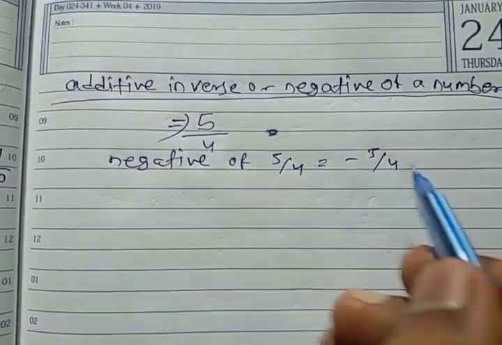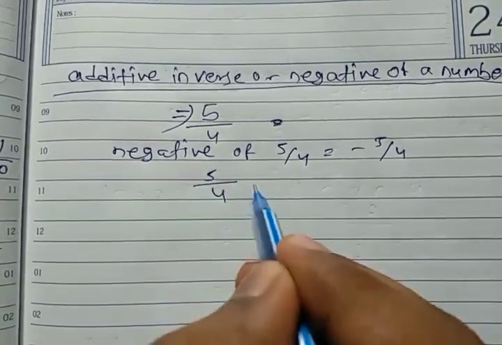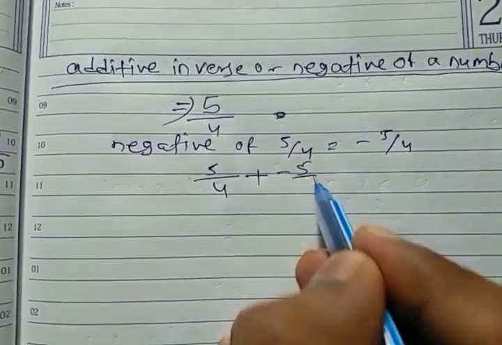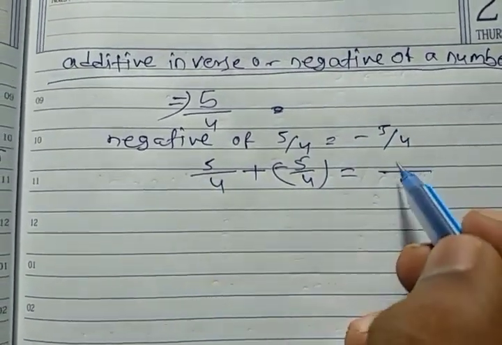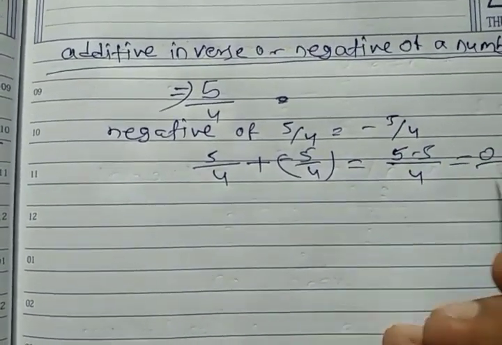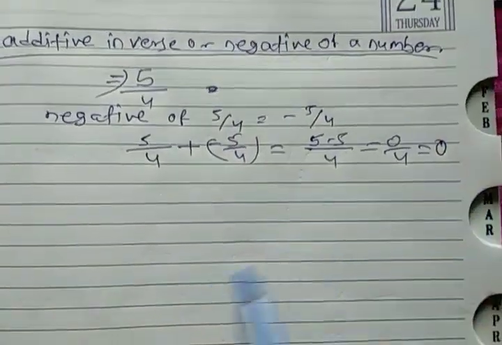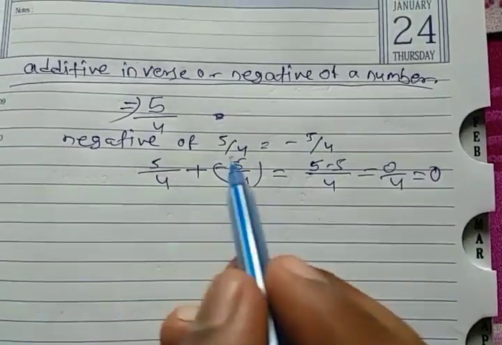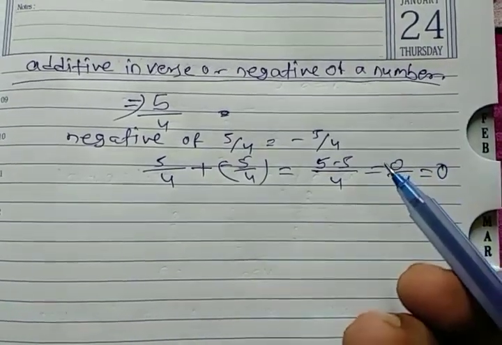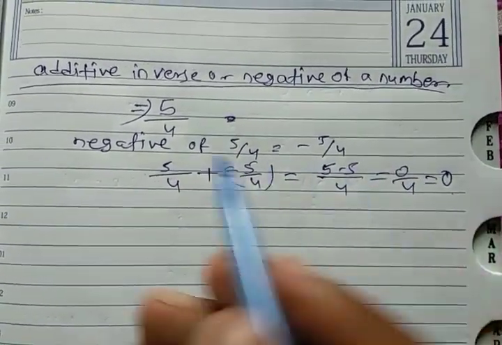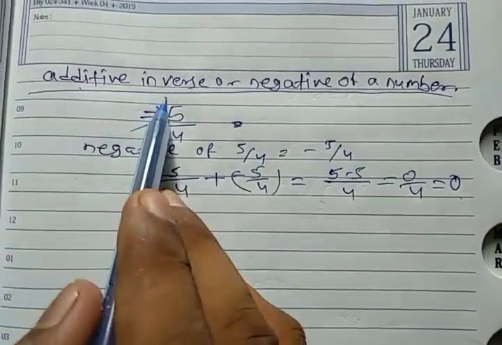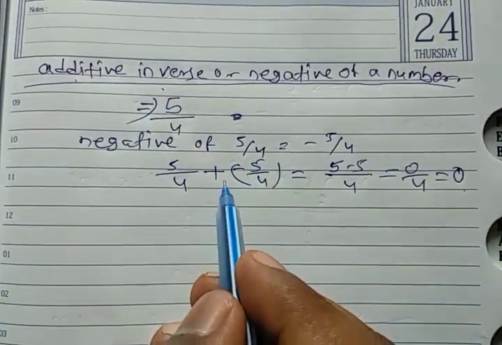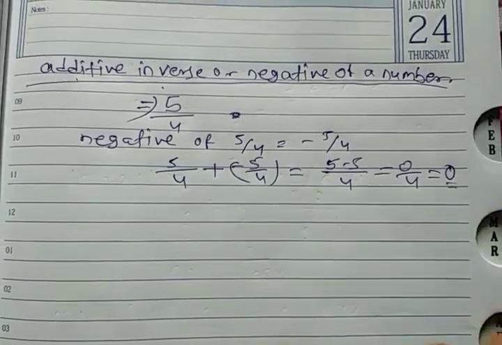When we add these two numbers, 5/4 plus minus 5/4, we get the same LCM. Then 5 minus 5 equals 0/4, which equals 0. So when we add a number to its negative, we get 0. So the negative of a number is known as the additive inverse. When you add the negative of a number, we get the result 0.